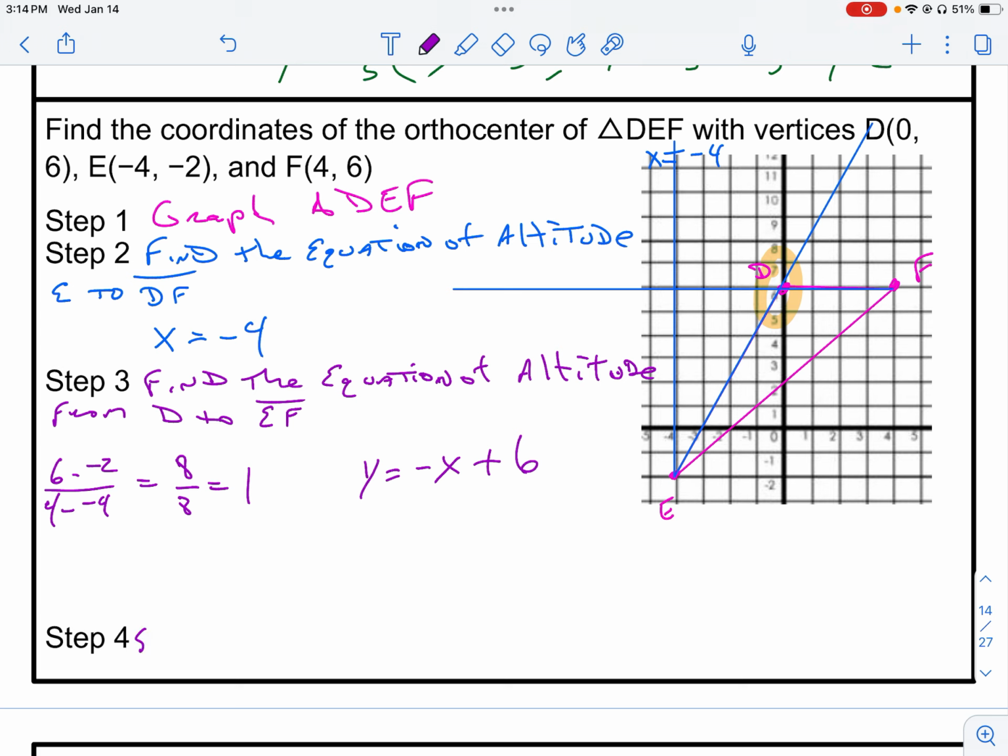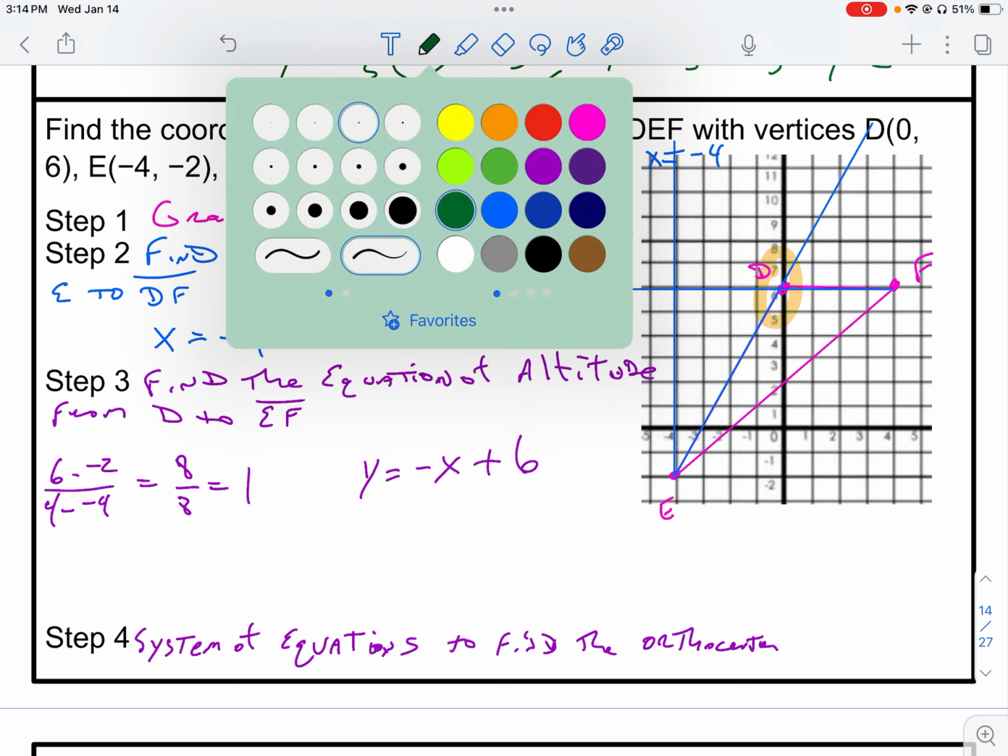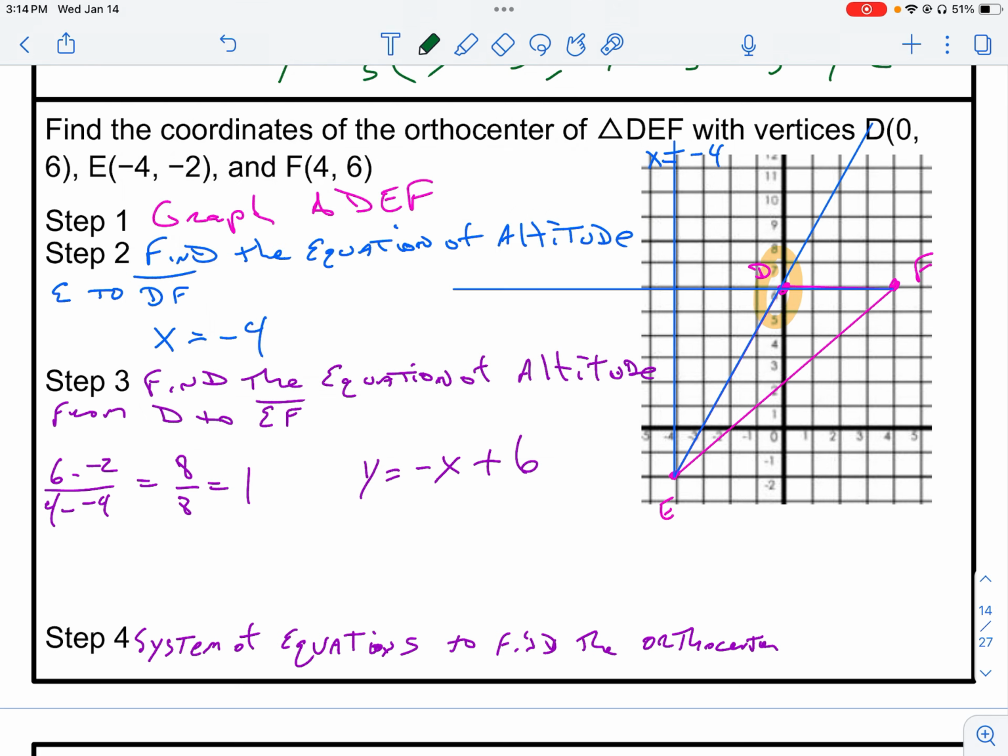Then I'm going to use my system of equations to find the orthocenter. So y equals -1 times -4 plus 6.